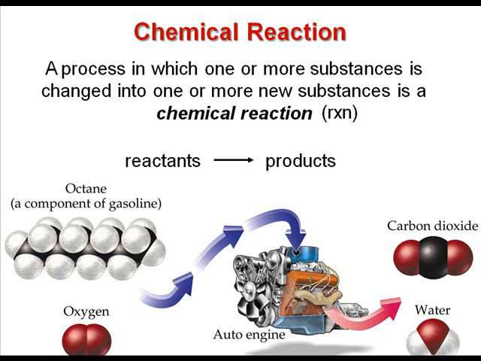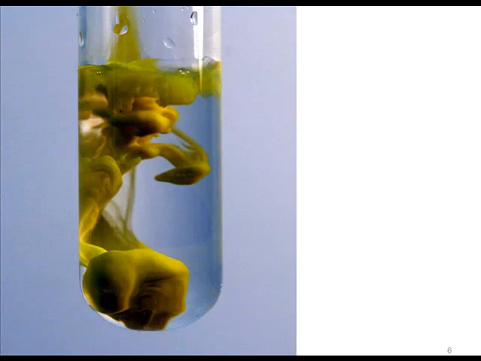The chemical reaction is what takes place inside the engine, and the products are simply the result of that rearrangement. A precipitate is another kind of reaction. The ones earlier were combustion reactions that always involve oxygen. A precipitate is yet another kind of chemical reaction where two liquids are mixed and a solid is formed. And so a precipitate reaction is another type.